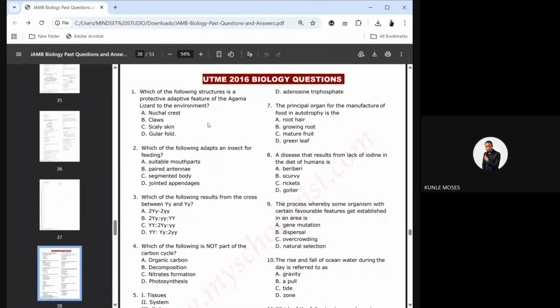So let's do a few things here. The spiny structure is a protective adaptation for a gamma lizard. We did this other adaptation. Anybody, please, let's be fast. We did this, and we did a question on this. Wait, what is the question?